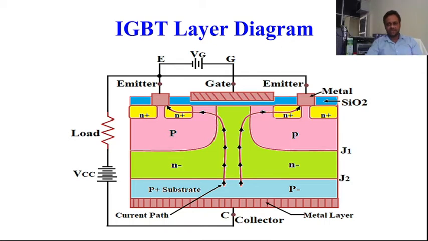This is the structure of IGBT, and on the topmost side it is insulated by a SiO2 layer. Then this SiO2 layer is etched to make the emitter contact, and it is etched a little bit in order to make an insulated gate.